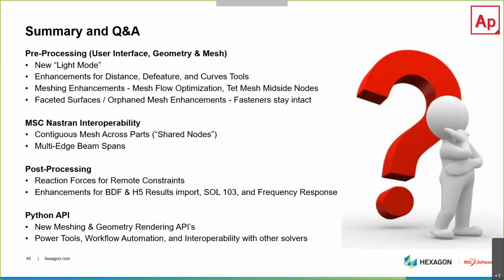But at a high level, basically you're importing that Nastran bulk data file. Let's say you want to make a change to it. Well, in order to make that change inside of Apex, you need geometry. And you need the ability to do things like push and pull and drag and change a mesh and remesh a mesh without having the original geometry. So you need to back calculate that geometry, whether it be solid or surface or shell or anything. You can back calculate that geometry using the geometry for mesh capability.